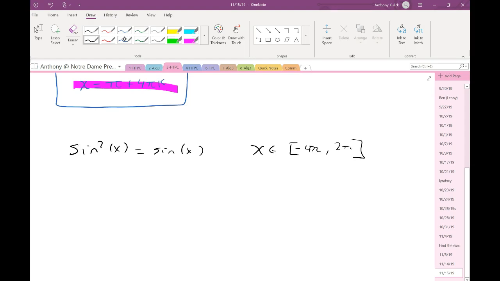What do you want to do first to solve this one? Can I divide both sides by sine x? No. What should I do? Yeah, get it all on one side, so we'll subtract the sine x over.